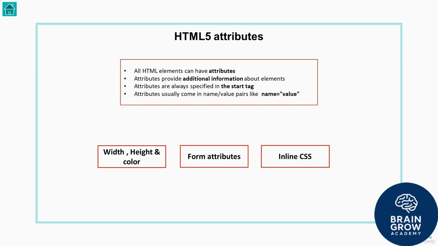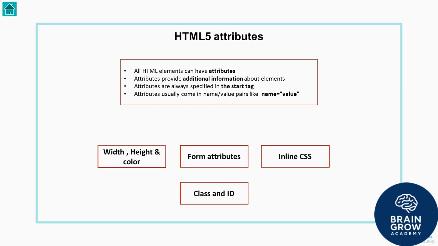Next, we have inline CSS. Inline CSS is also used as an HTML5 attribute. Don't worry if this sounds new or complex to you. The more you practice coding with HTML and CSS, the more familiar you'll become with the different concepts that we're talking about. Okay, next you have the ID and the class attributes. So ID and class are both HTML attributes.